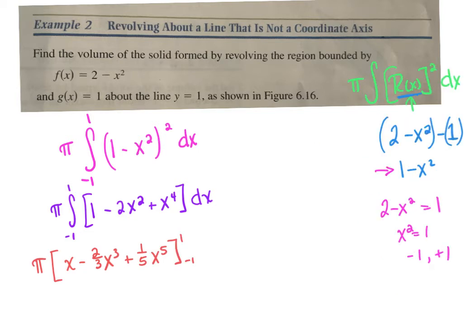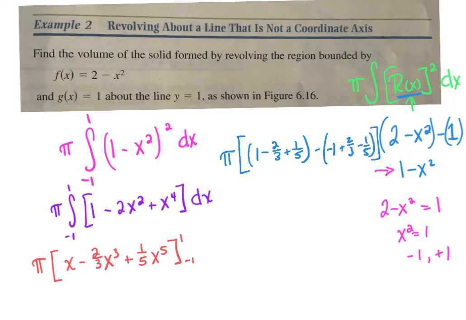All right, and then just plug it in. So plug in your 1, and I'm just going to put pi up here. When we plug in a 1, we get 1 minus 2/3 plus 1/5. Minus, when we plug in a -1, we get -1 plus 2/3 minus 1/5.